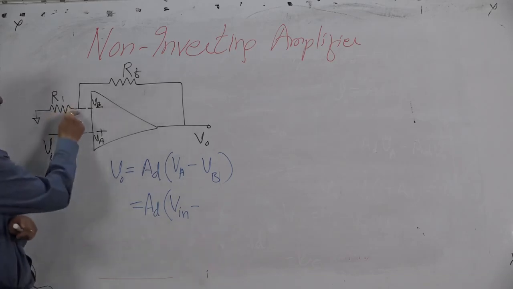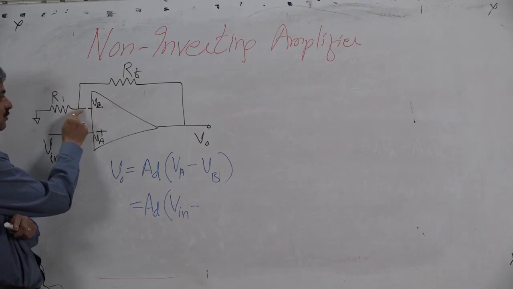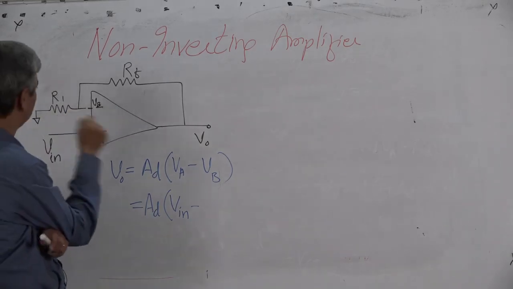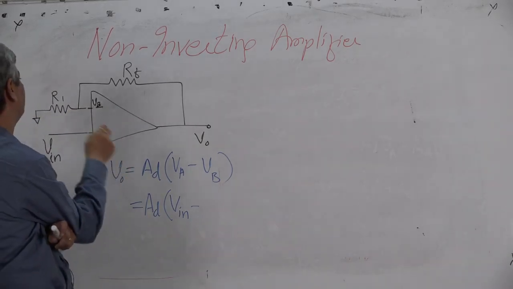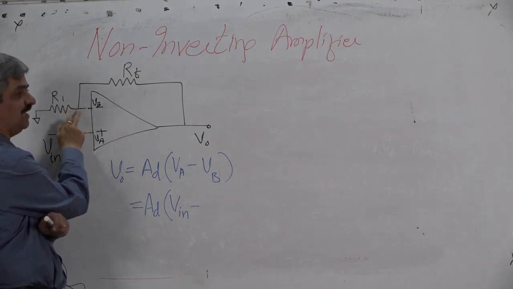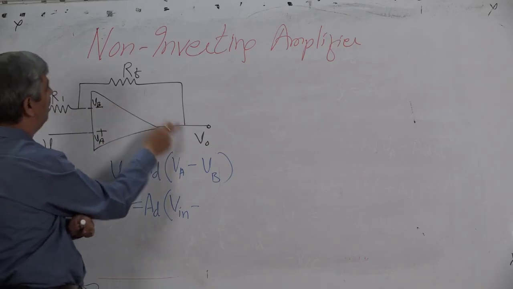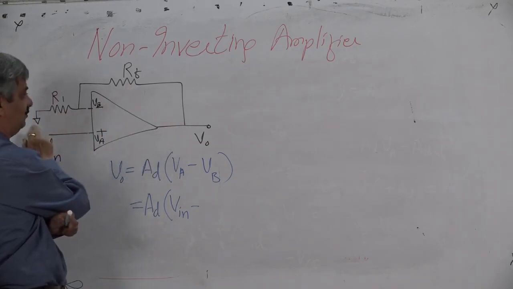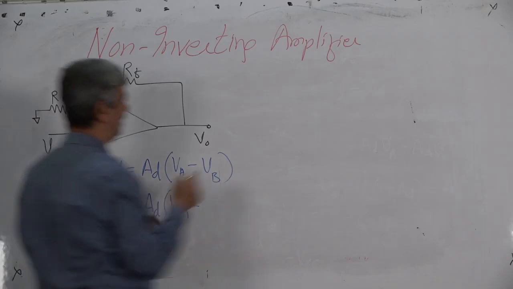Now, the op amp terminal does not draw any current. Because of that, VB would be simply a potential divider arrangement: VO, RF, R1, ground. So, you have studied this potential divider.